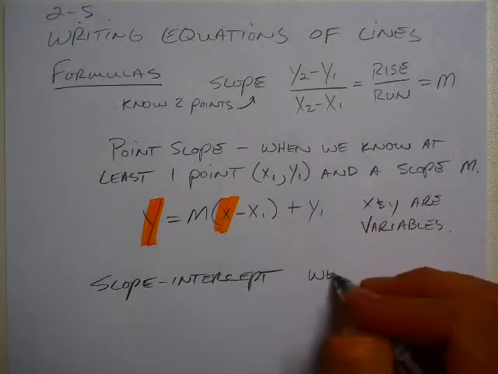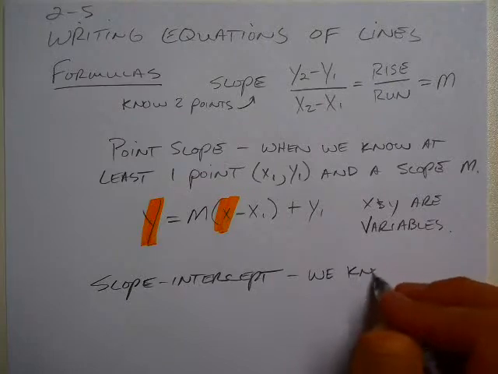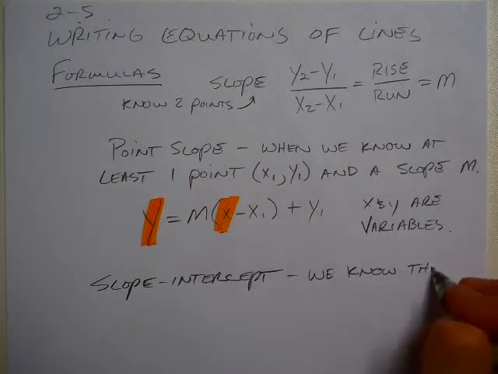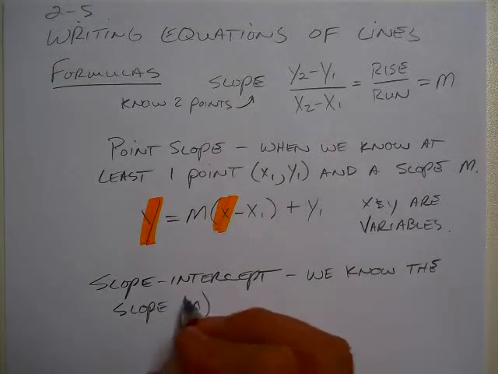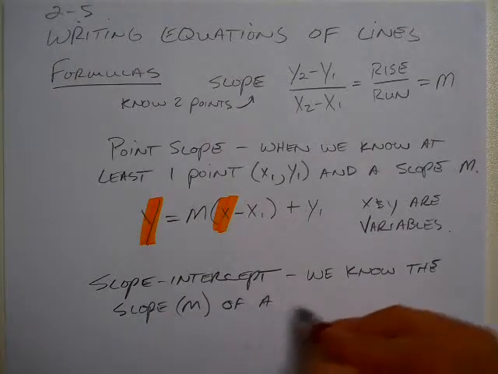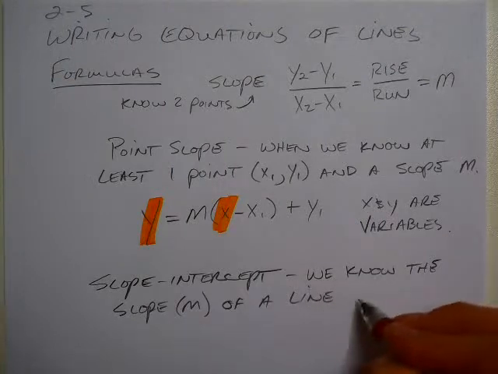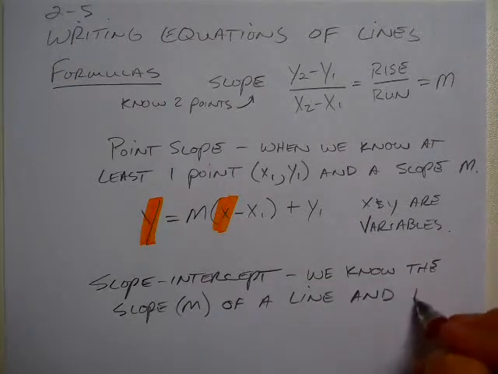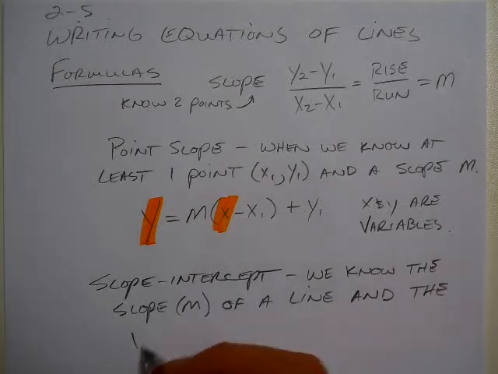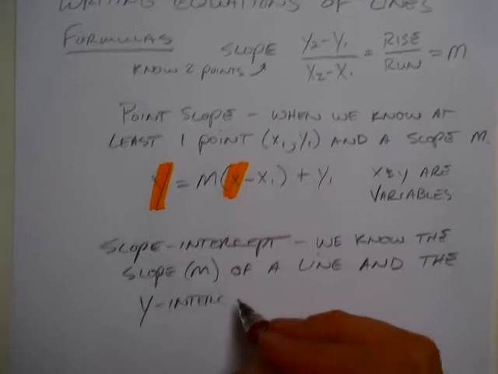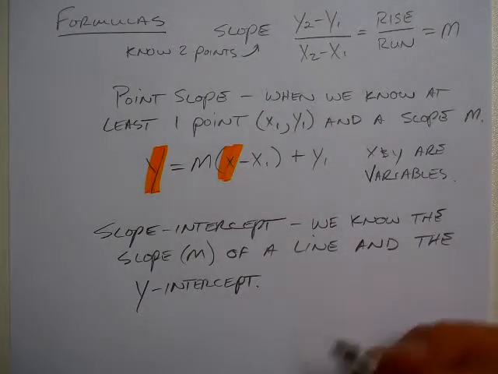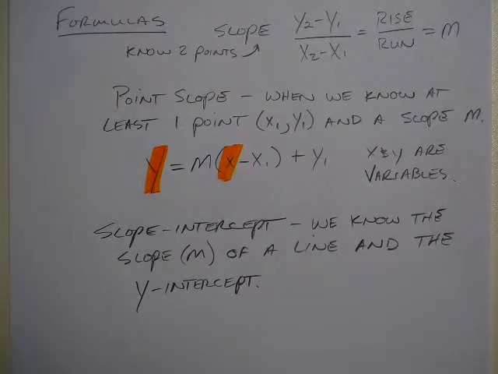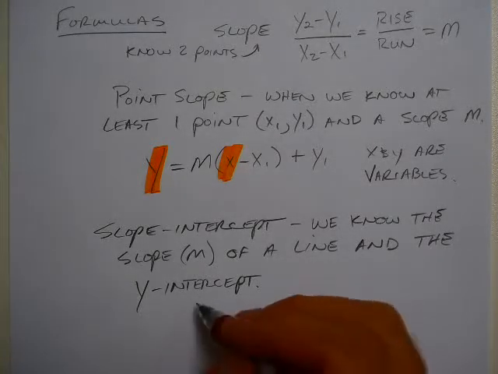We know slope and the y-intercept. We know the y-intercept. And we call the y-intercept b.